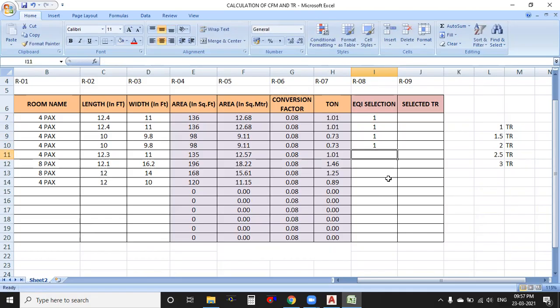This is also 1 TR. This is also 1 TR. 1.46 will be near to 1.5, so that one also 1.5. The next is 1.5, and 1.25 to 1.5. Next is 1 TR. So this is our equipment selection.